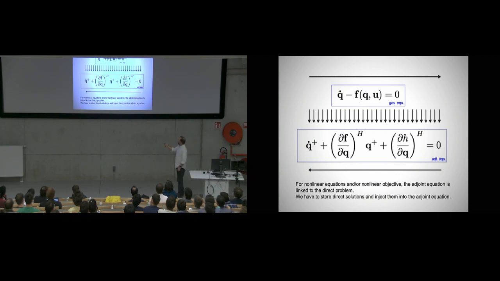That's the backward equation, and if f is nonlinear, df/dq has a q left. Let's say f is quadratic in q, taking one derivative leaves one q behind, okay? And if it leaves one q behind, then this one is q dependent. So in order to solve that one, it has a coefficient that depends on q.